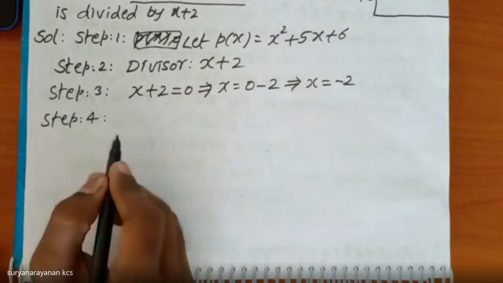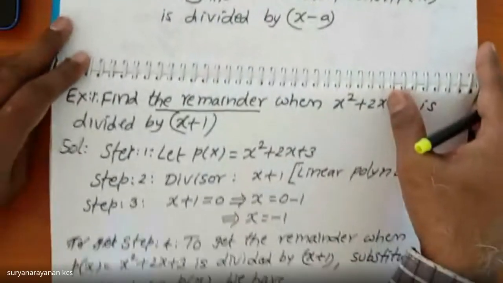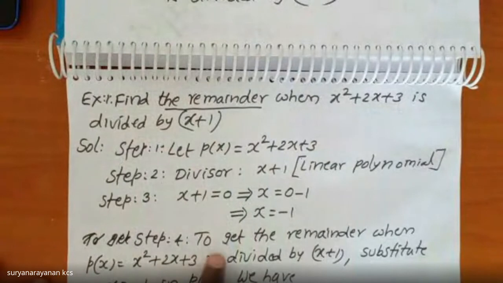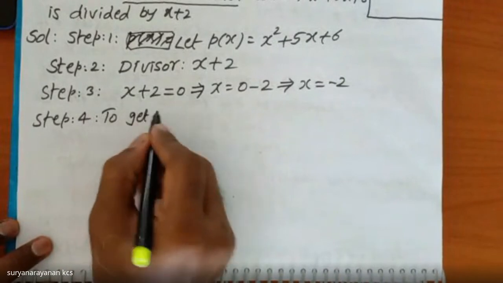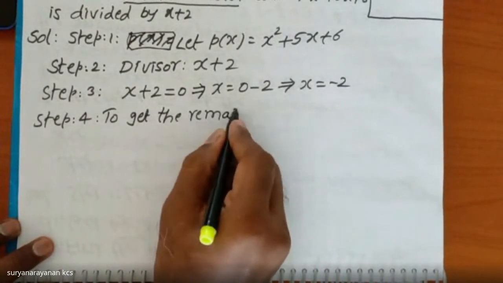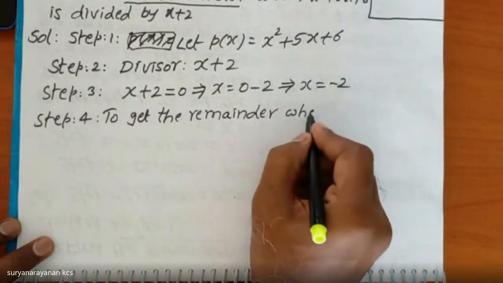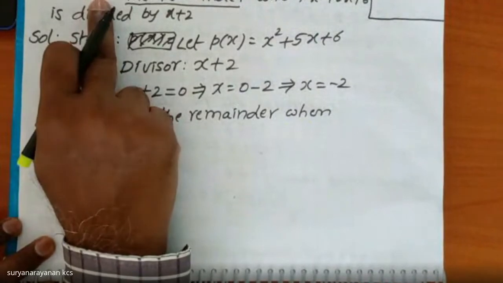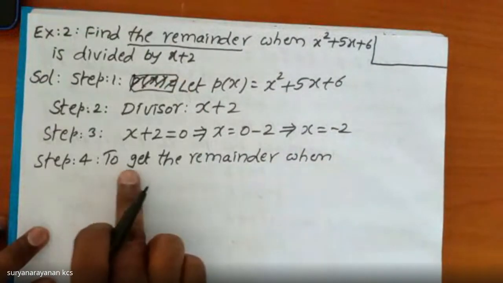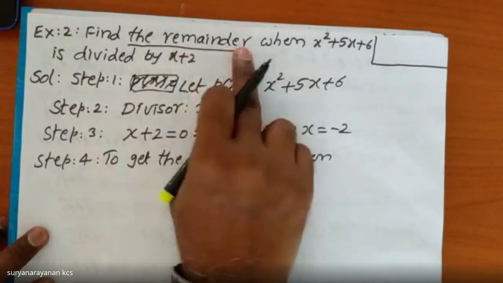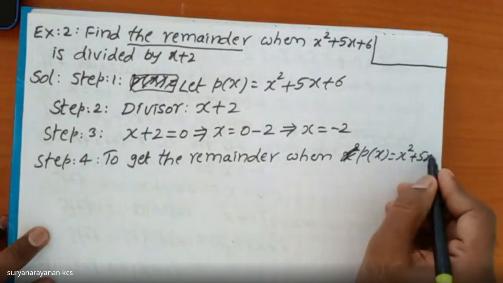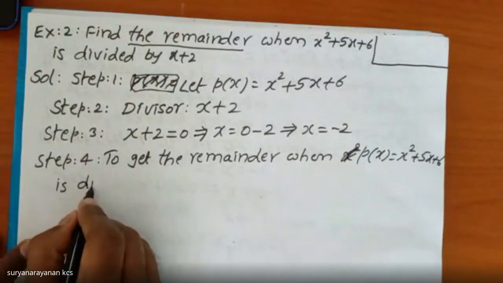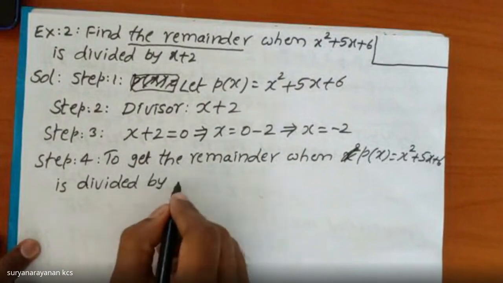What is the step 4? After finding the value of x by solving the equation, to get the remainder, I wrote the question as it is, just in the place of the word find, I wrote: to get the remainder when p of x, where p of x is equal to x square plus 5x plus 6, is divided by x plus 2.